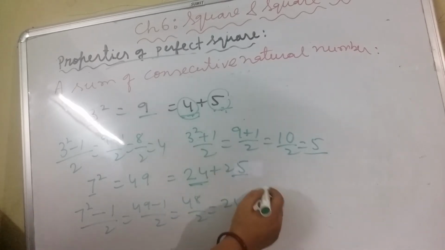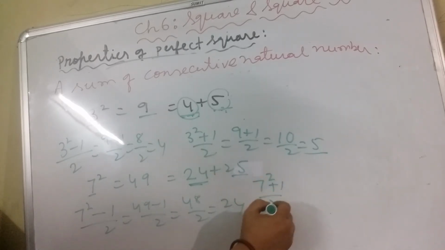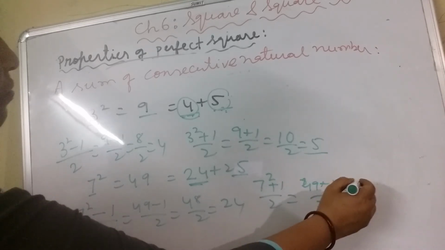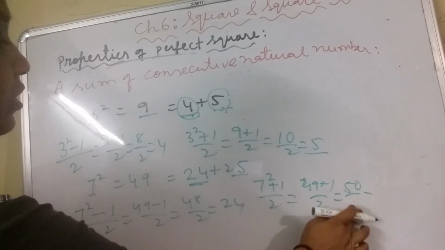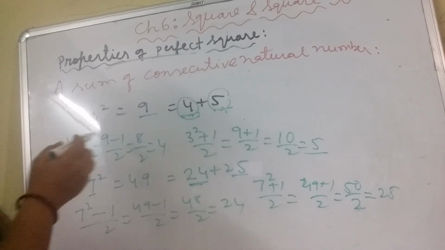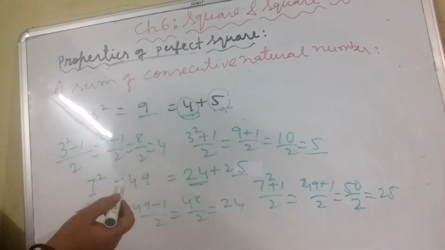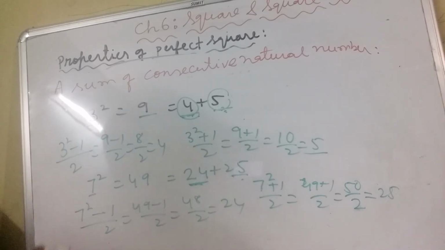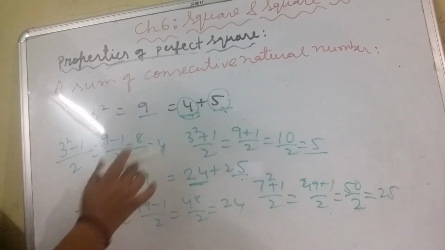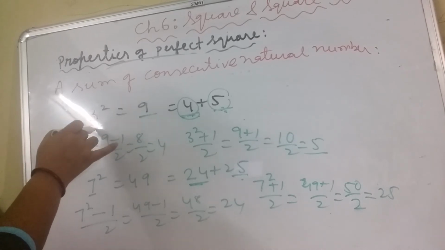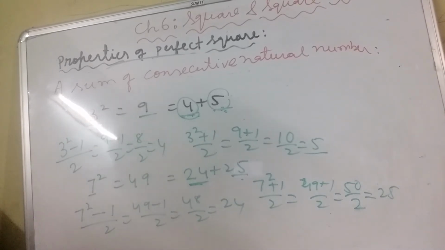And for this 25, it is (7 square plus 1) by 2, (49 plus 1) by 2, 50 by 2 is 25. So the square of any odd number can be expressed as the sum of two consecutive natural numbers. You must remember that the number has to be an odd number.